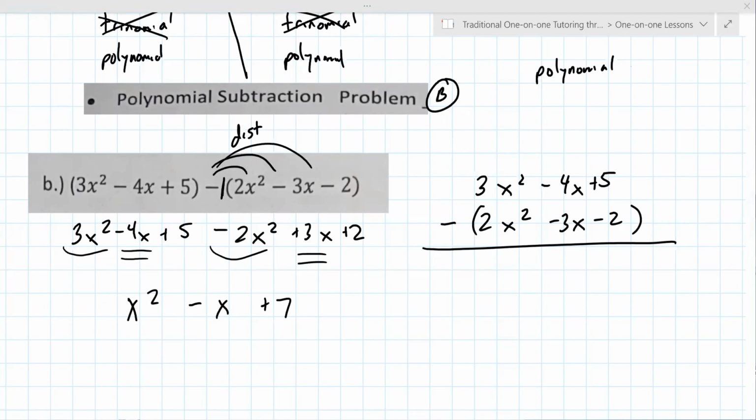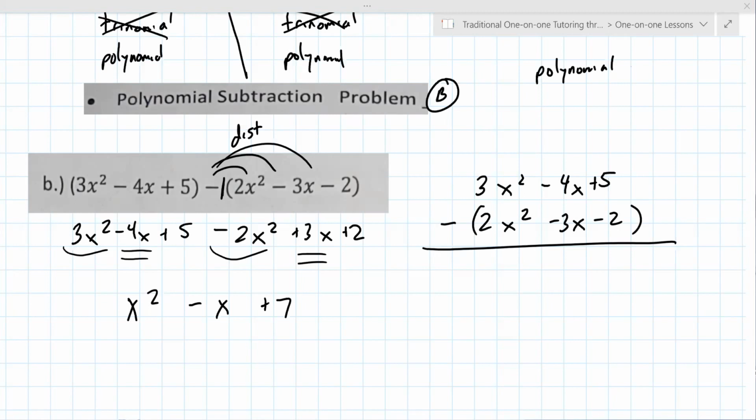Yep, that's what I got. All right, so then that would be a polynomial subtraction. Yes.